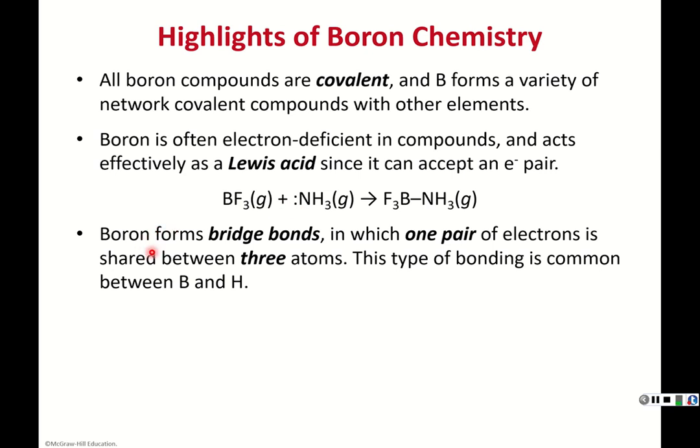The really interesting bond that boron can form is called a bridge bond. And this is a bond where one pair of electrons is shared between three atoms. So you can think of it as like a 3-center 2-electron bond. And it's very common between boron and hydrogen.